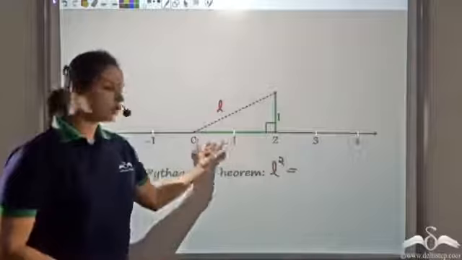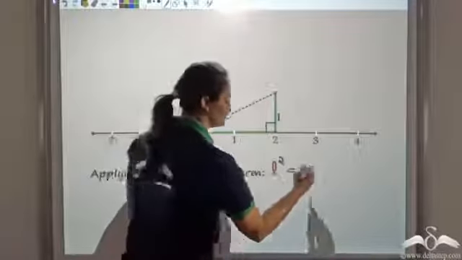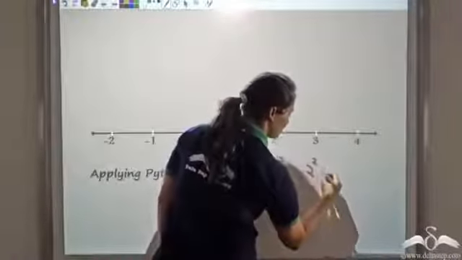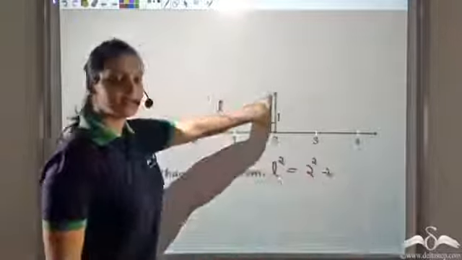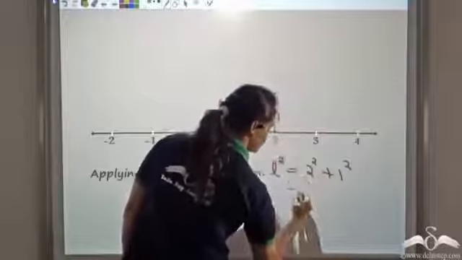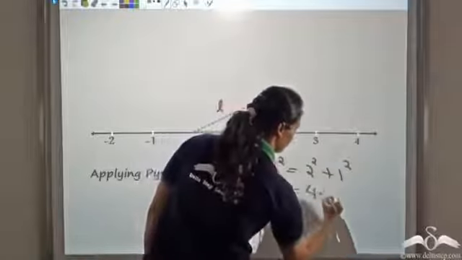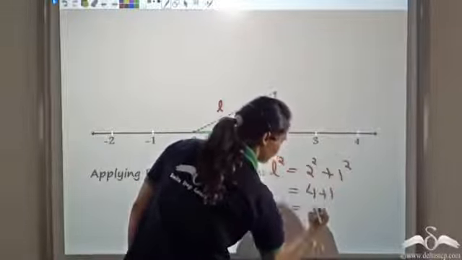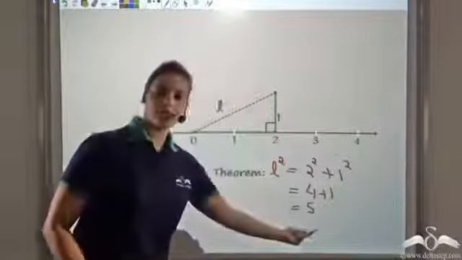This side is of length 2, 1 plus 1. So 2 square plus this side is 1, 1 square. So I get 4 plus 1, which is nothing but 5. So L square turns out to be 5.